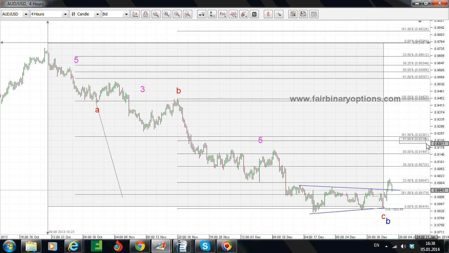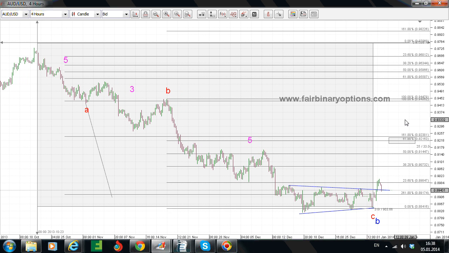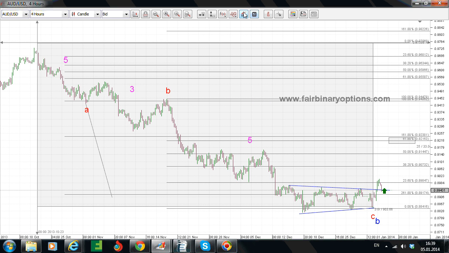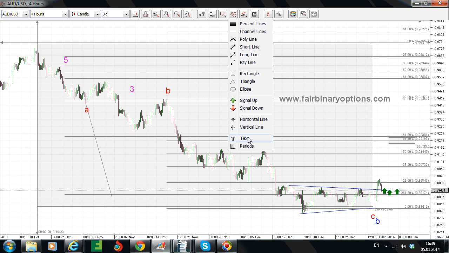I would say that from this moment of time, depending on the structure we'll have, I will look to buy put options. But until then, and especially on this breaking of a triangle and then retest, I would really like to buy call options by the time markets are going to open in, let's say, a couple of hours in Australia and New Zealand. I would like to buy call options with end of week expiration date.